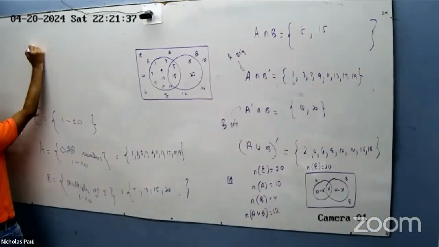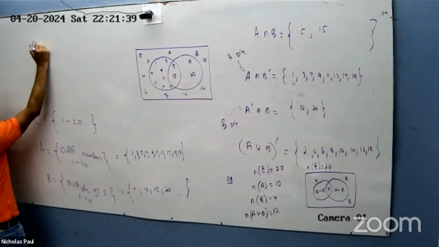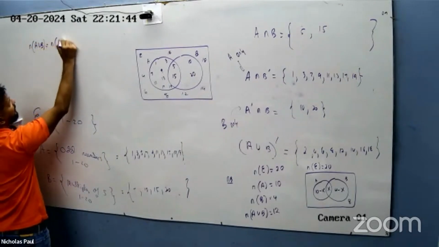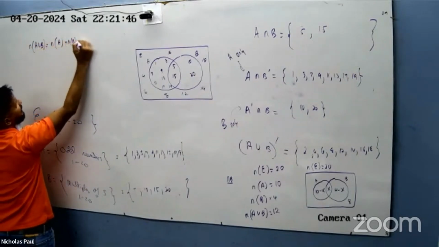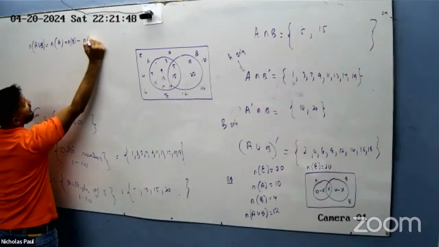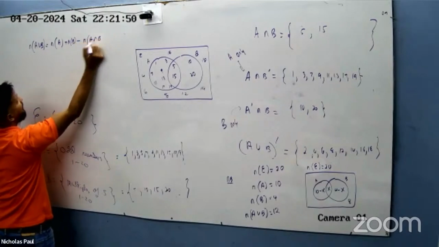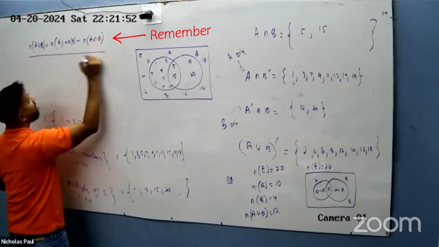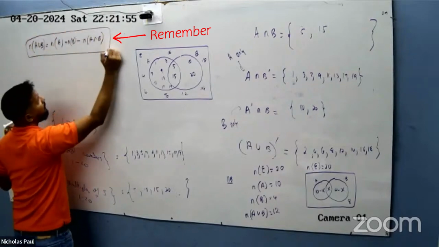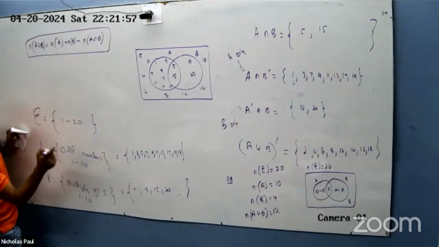Well, I am going to say that the number in A union B is equal to the number in A plus the number in B minus the number in A intersect B. That's a general formula you can learn. But what am I using here?